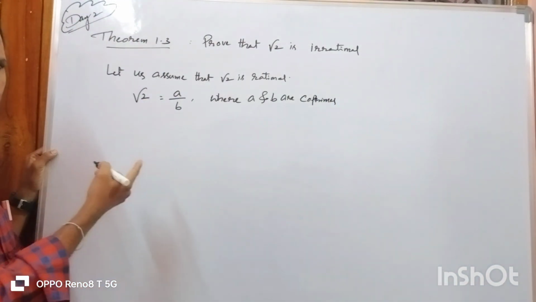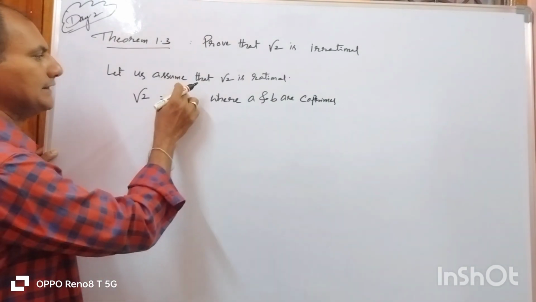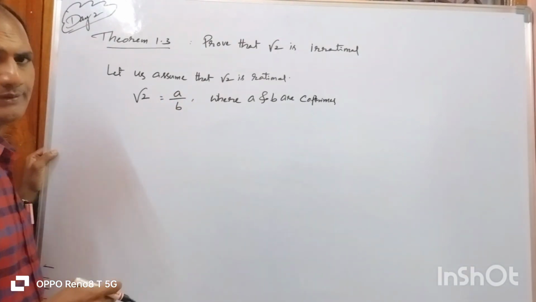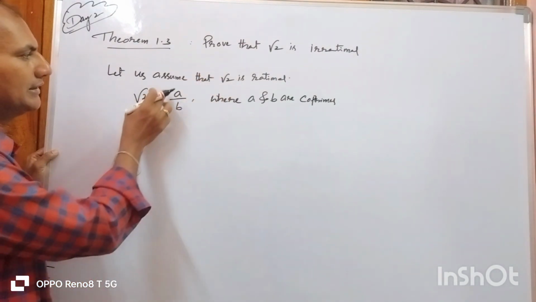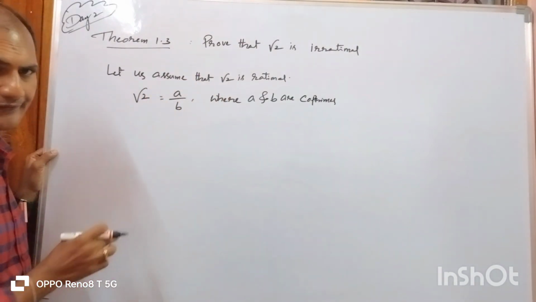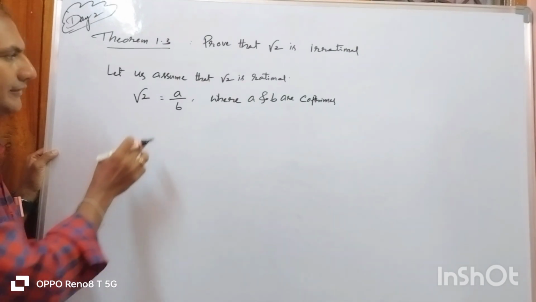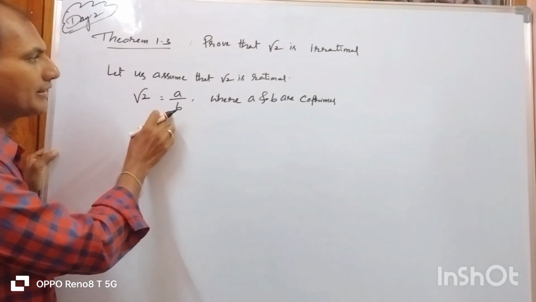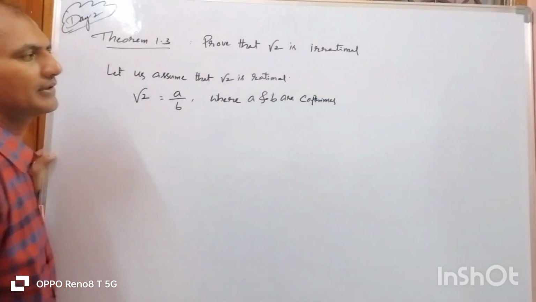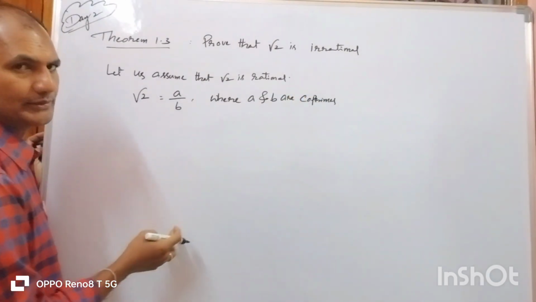Co-primes means, just now I told you, the GCD is 1, means HCF is 1. No common factor for that. If these two have a common factor, that is rational. Now we are saying there is no common factor, means co-primes.